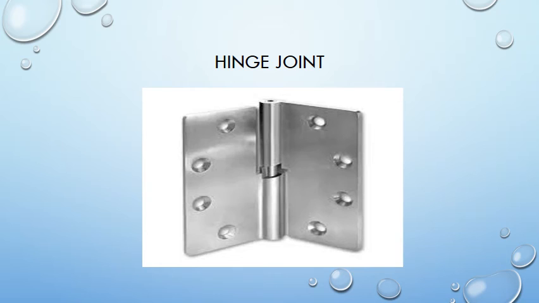It means that with the help of a hinge joint, we can move that specific part of our body in one direction and also bring it back to its original position. So this is the hinge joint. A hinge joint allows our bones to move in one direction like the hinge of a door.